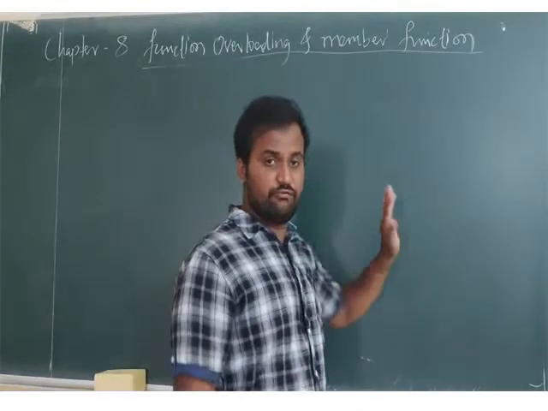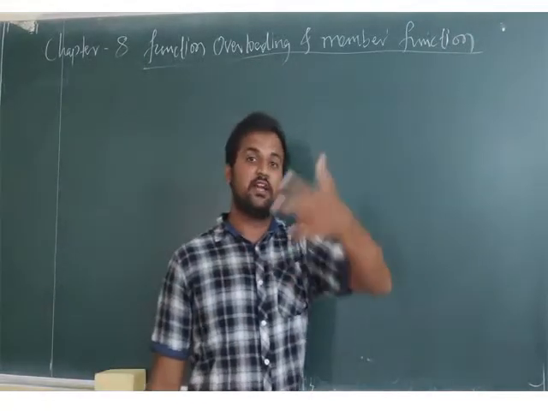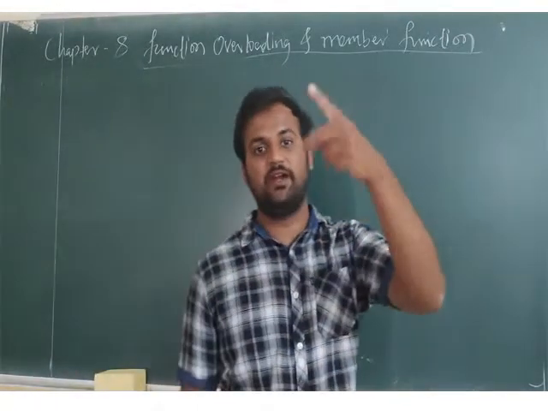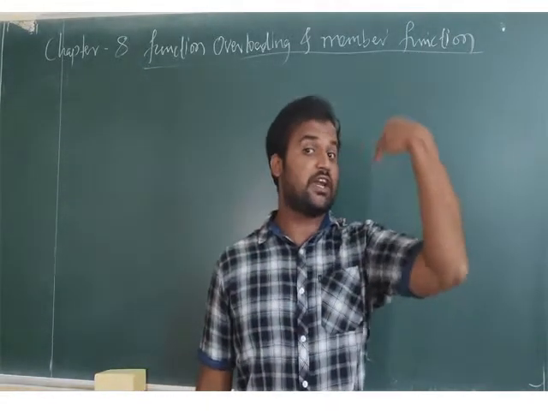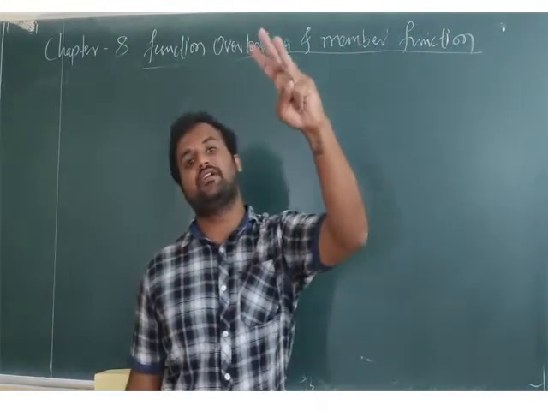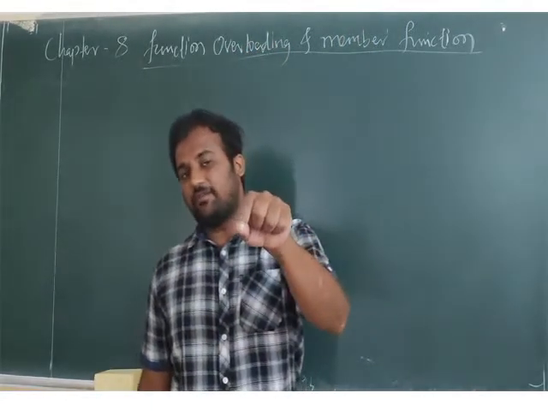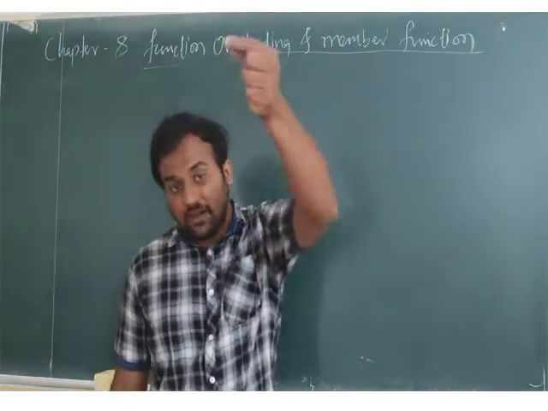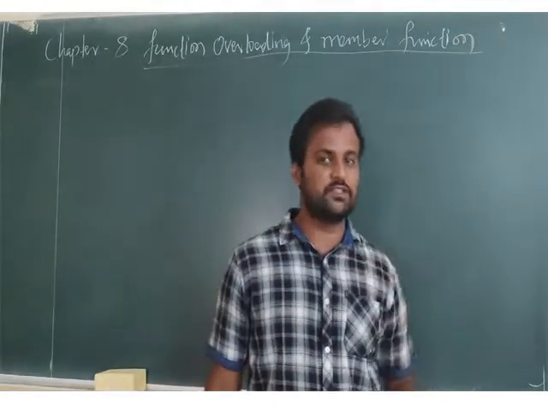There are three access specifiers I already told you: private, public, protected. The functions which we are writing in the private access specifier, from that a friend function can execute.